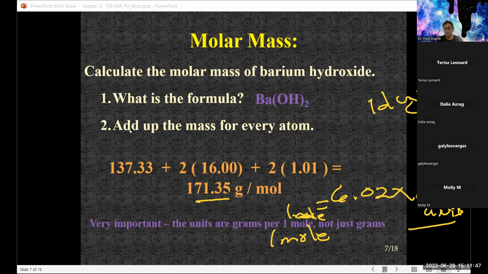Just like the previous example, when we were doing the individual atoms, when I said carbon had an atomic weight of 12.01 grams per mole. If I weigh out 12.01 grams of carbon, I have 1 mole. Well, how many atoms of carbon would I have? 6.02 times 10 to the 23rd.